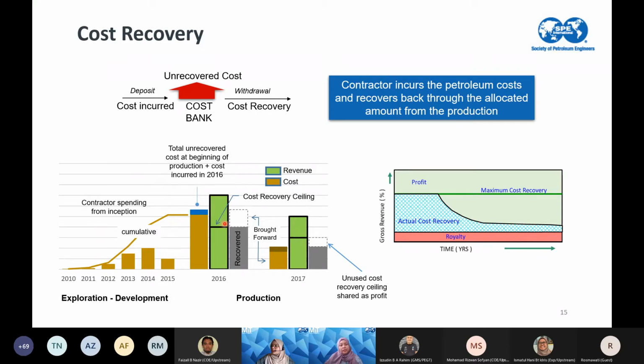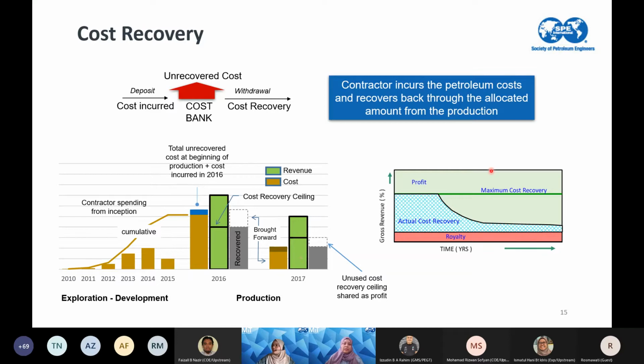So for example, in this case, let's count these 7 bars. This is 7 lines, so let's call it 70 million. So you've racked up 70 million of costs, and you can only recover 40 million of it. So in that particular period, you get to recover 40 million of the 70, and the remaining 30 gets carried forward to the following period. Then it gets recovered from the production of the following period, and so on and so forth.